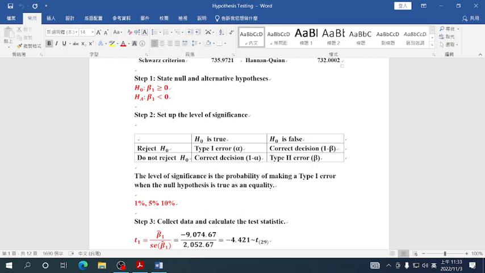Because all this test statistic, the number is getting out of sample. If you have different sample, then those numbers will be different. Okay? So in this sample, we do have beta 1 is 9074 something. So this is from output, right? So this is from the output we just have it.